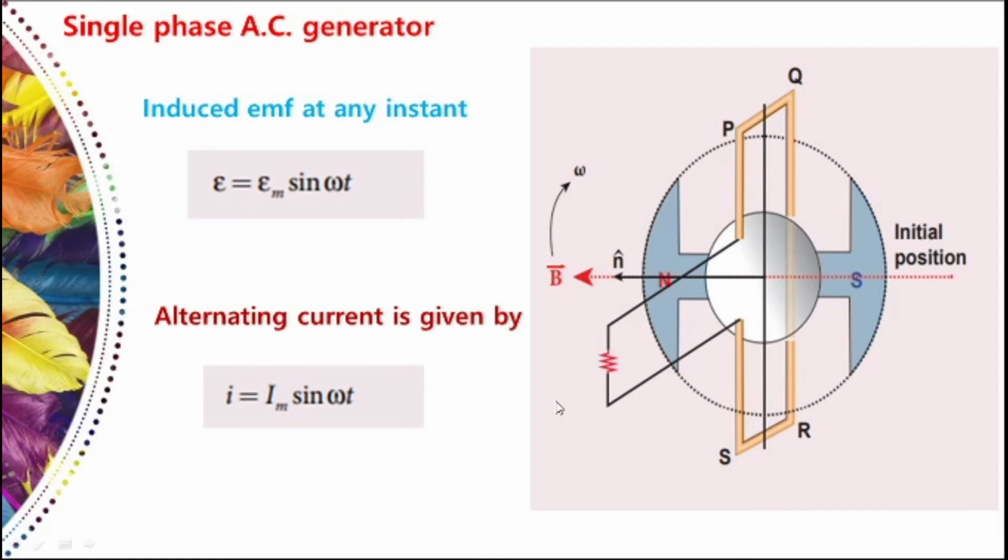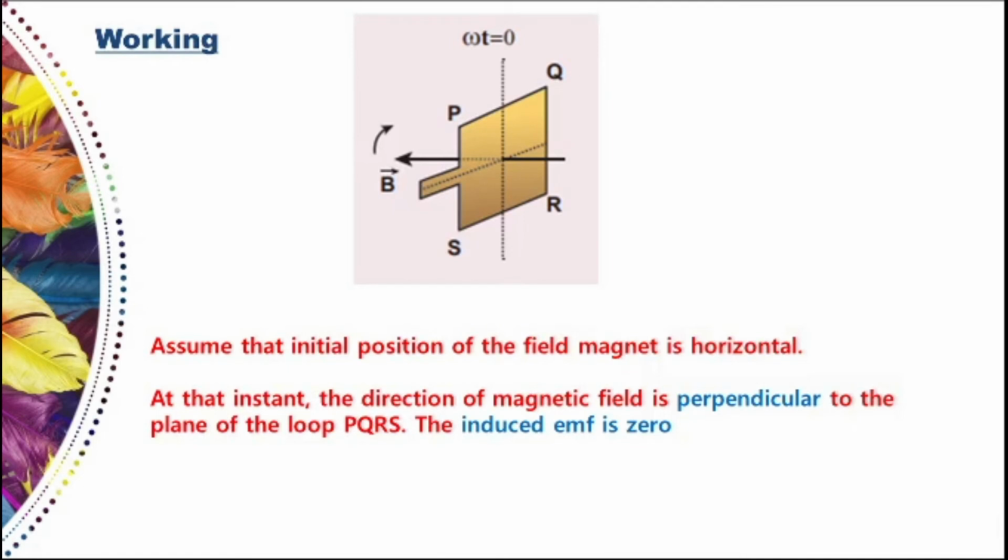Yes, and the induced EMF is also 0 in its initial position. So we will learn about the graphical representation of the variation of induced EMF with respect to the time angle in the later part of the session. Let us learn in detail about the working.